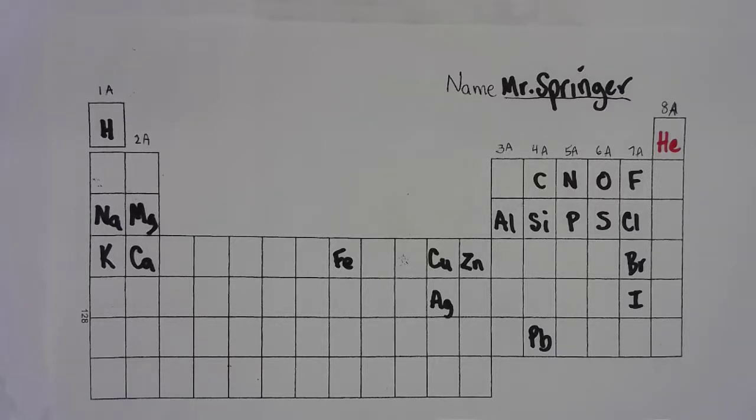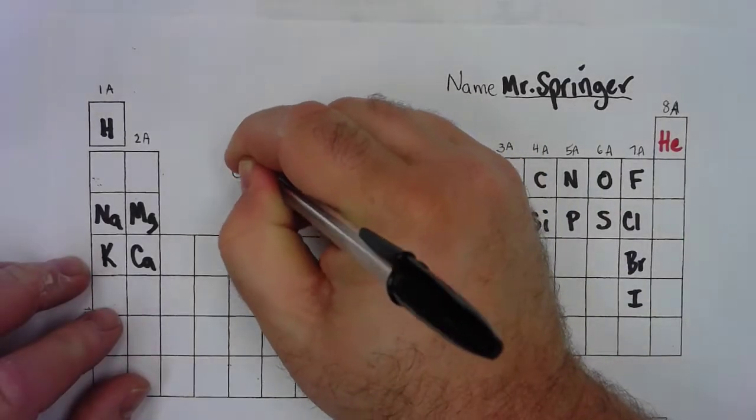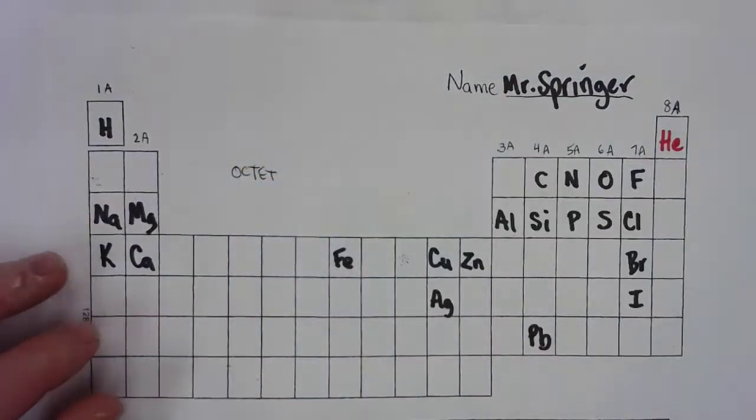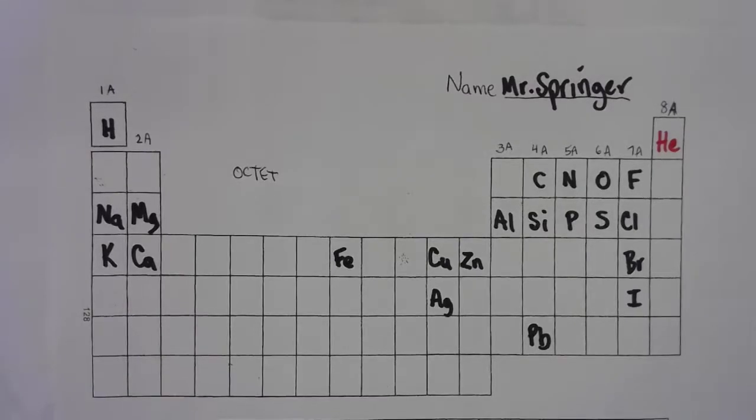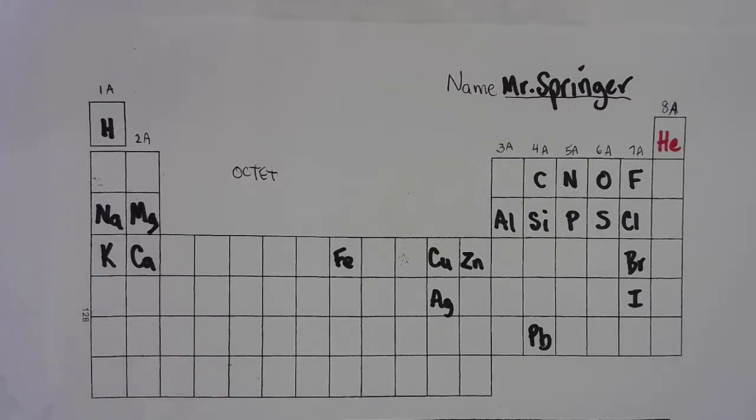The goal basically of this whole bonding thing is to get a set of 8 valence electrons, which is called an octet. Because once an atom has an octet of valence electrons, electronically it is stable. Some things happen to it chemically in the process, but at least in terms of the number of electrons, it has its full set of valence electrons.